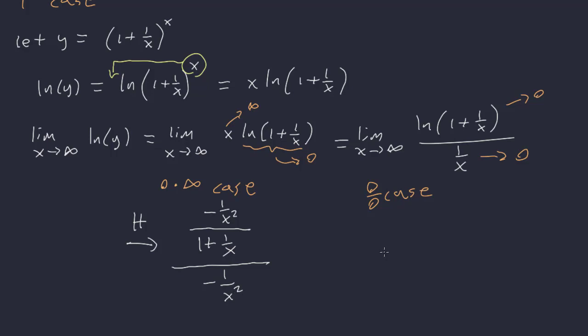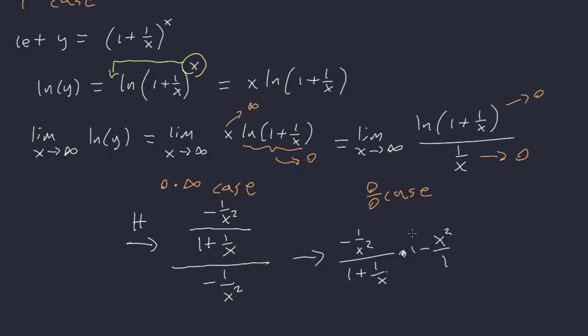Now, since we have a fraction divided by a fraction, we are going to invert and multiply. So I will leave the top fraction alone for the time being, and then multiply by the inverted form of this, which will be negative x squared over 1.